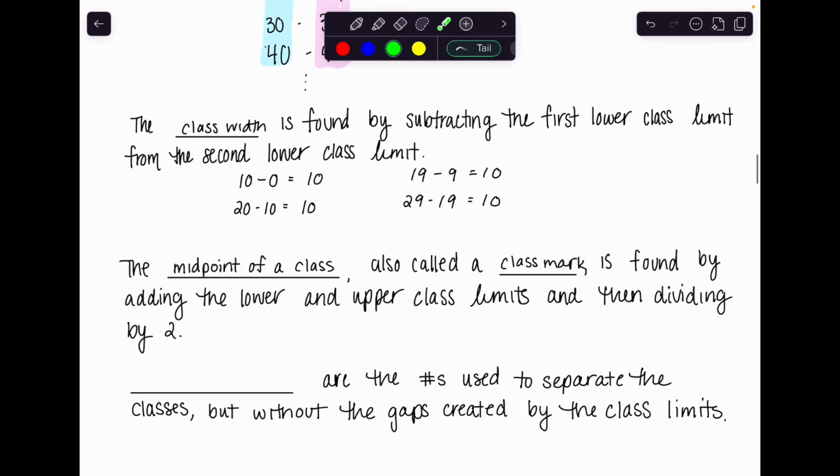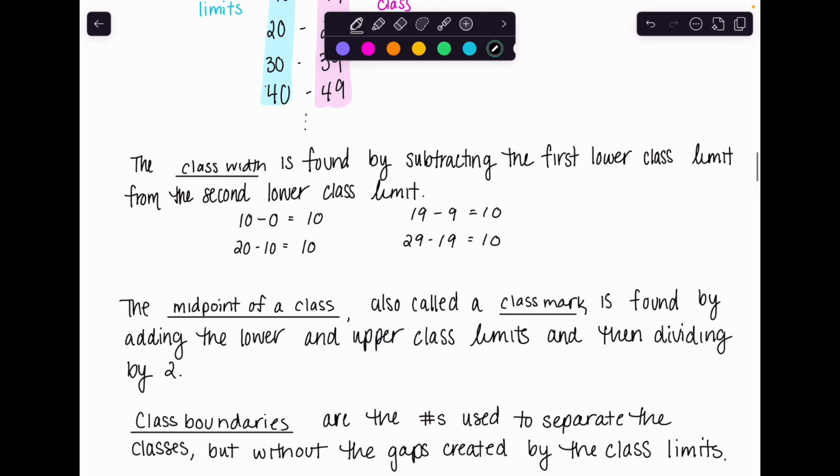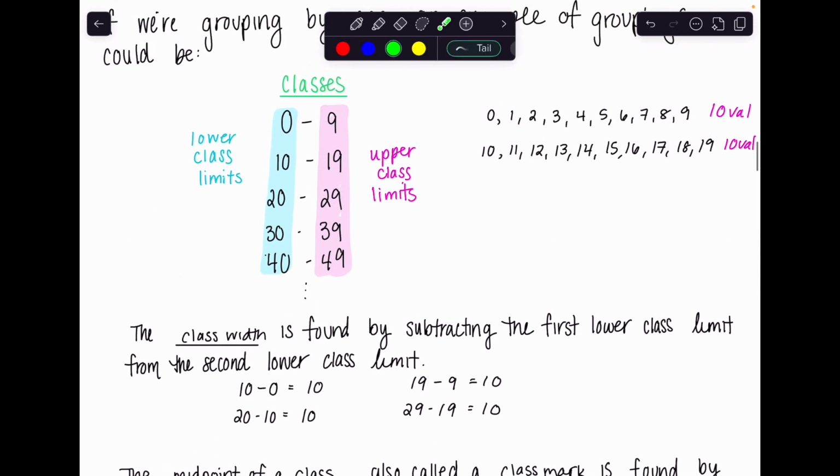Okay. And then the very last terminology is going to be the class boundary. So class boundaries are the numbers used to separate the classes, but without the gaps that we create by these limits. So just to go back up here and show you, 9 and 10 are going to be that separation.